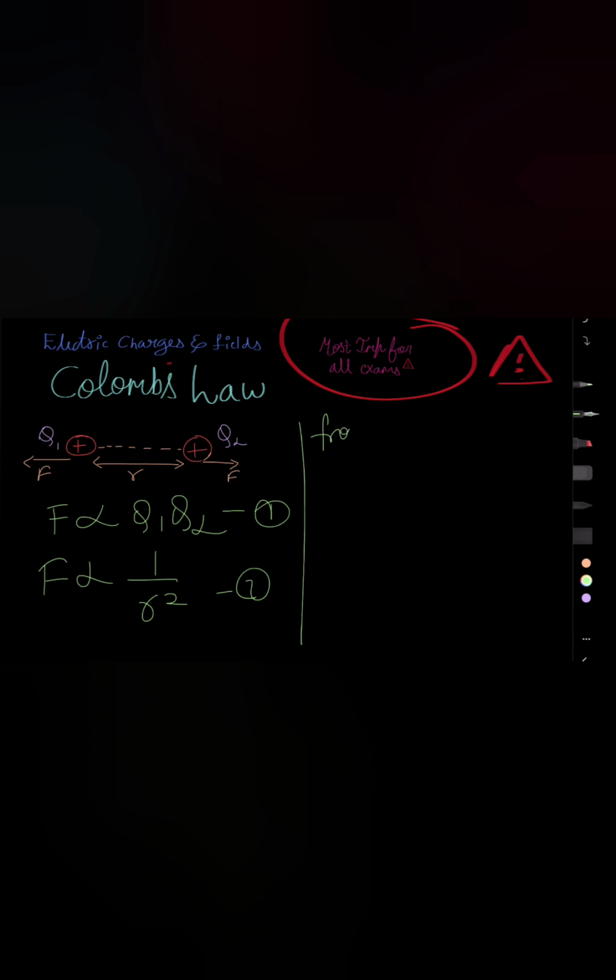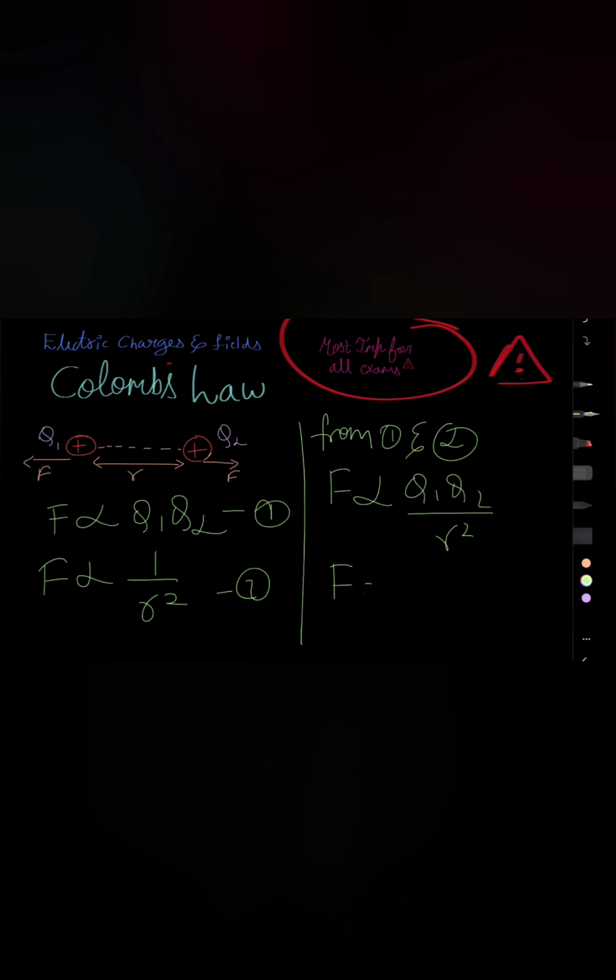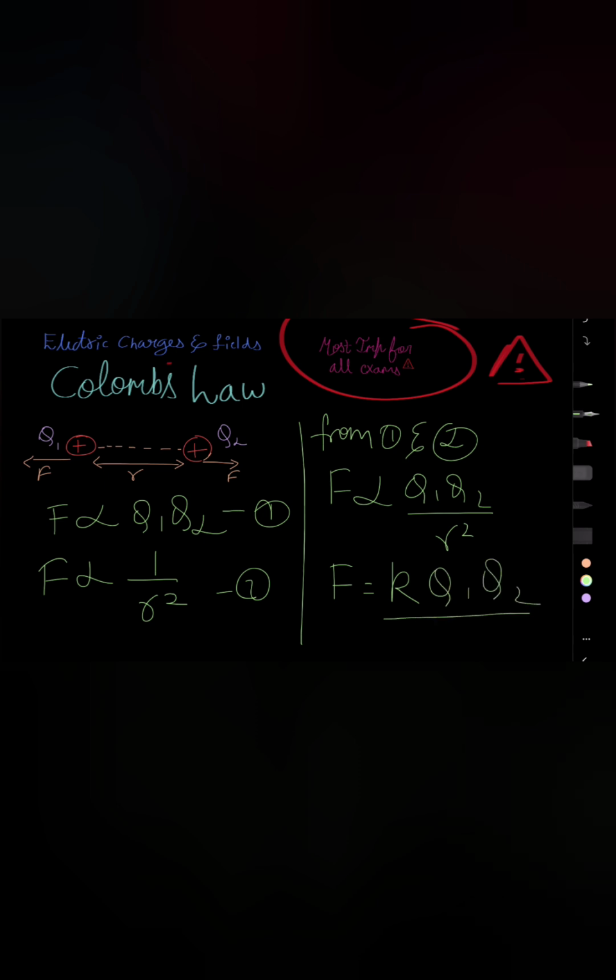From 1 and 2, F is directly proportional to q1 q2 by r square. By inserting a constant called k, F equals k q1 q2 by r square.